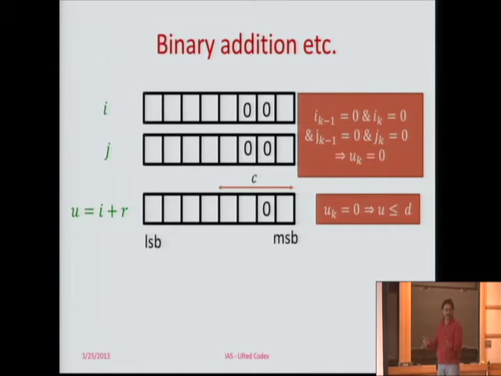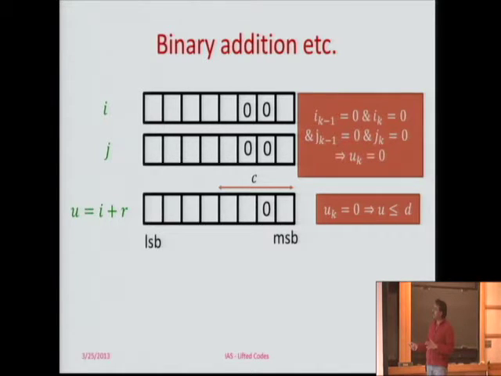So it's a rotating carry, you don't know where to start, but it doesn't matter. If these 4 bits are 0, then you're going to add these two numbers and at most you get a 1 over here because of the carry, so you're not going to get 1 over here.